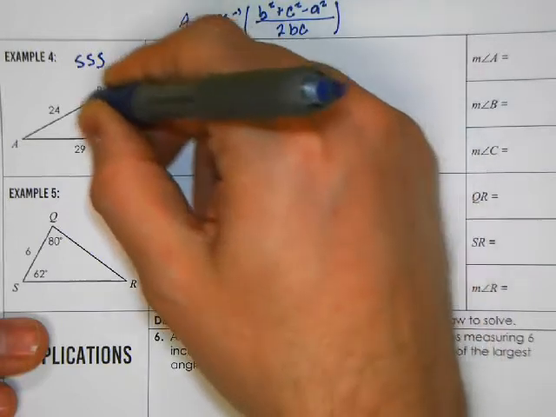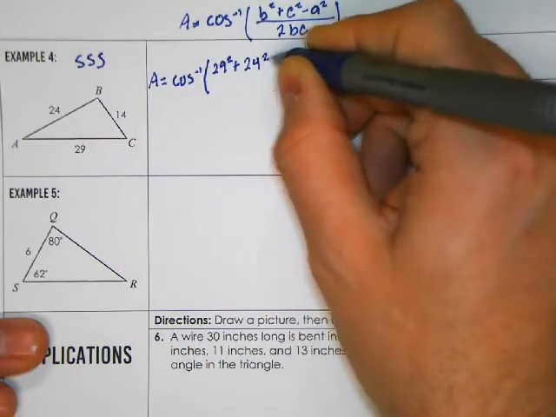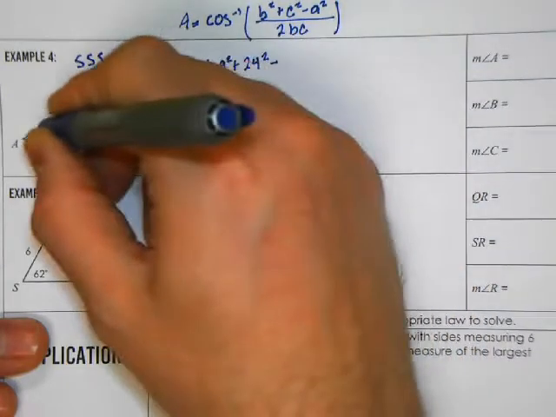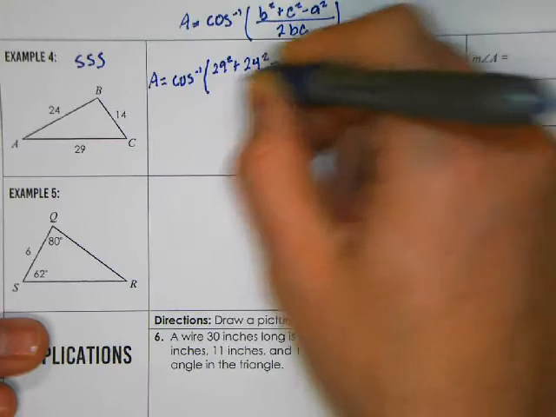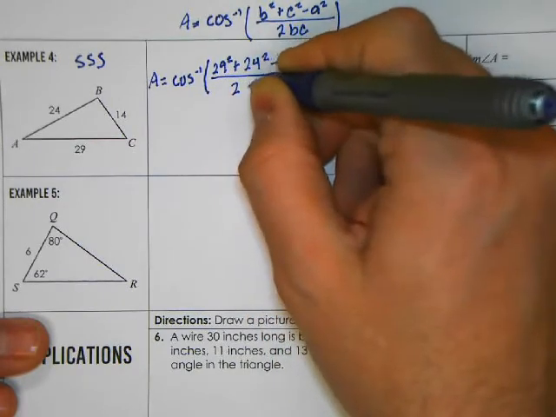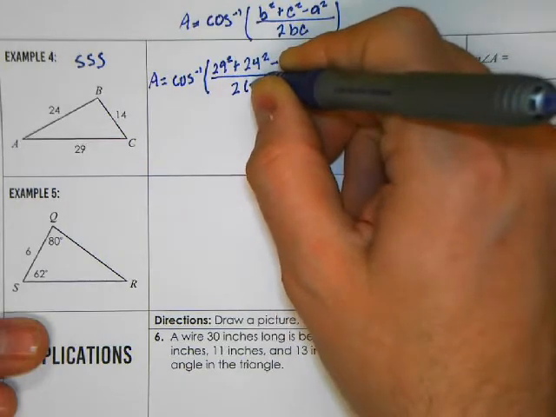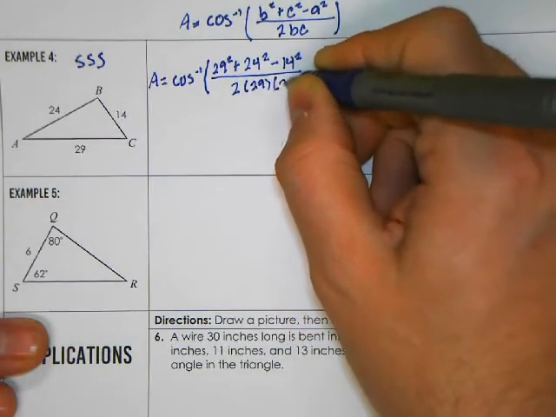C squared is going to be the 24, so 24 squared. And A squared, obviously, is going to be the 14, so minus 14 squared. All of it divided by 2 times 29 times 24.